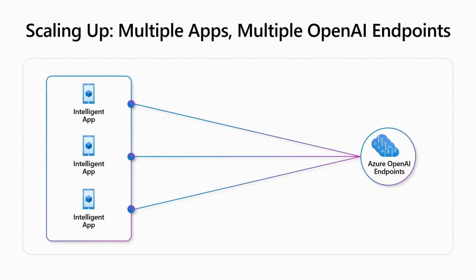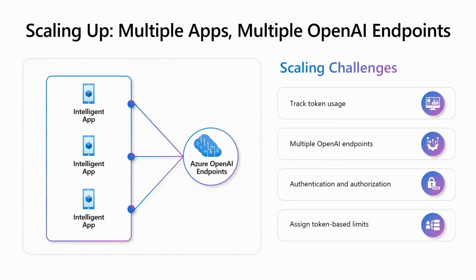What if you want to scale this, though? What if you want to go into multiple applications? What if you want to have multiple backends? We've heard from a lot of customers, even yesterday and the day before here, that they see fundamental challenges with this, and they want to be able to solve a few challenges, including things like having observability into the usage of resources in their models, so token tracking.